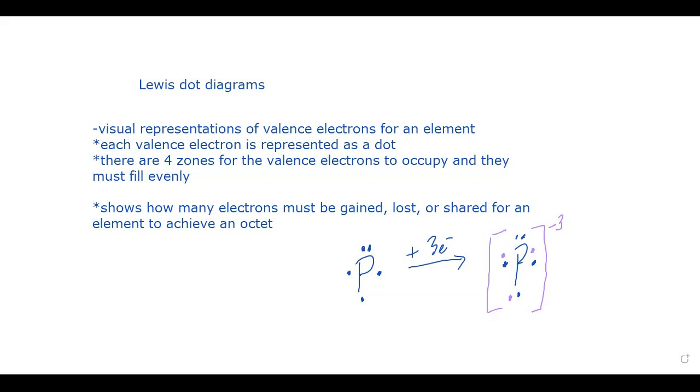Now, what those covalent bonds look like, well, that depends on what is reacting. But I know it's going to make 3 bonds because those unpaired dots are going to be what are shared between it and another atom to create a covalent bond to make a molecule instead of an ionic compound.